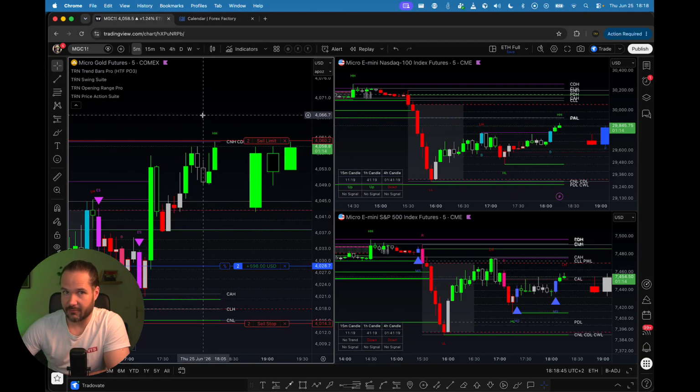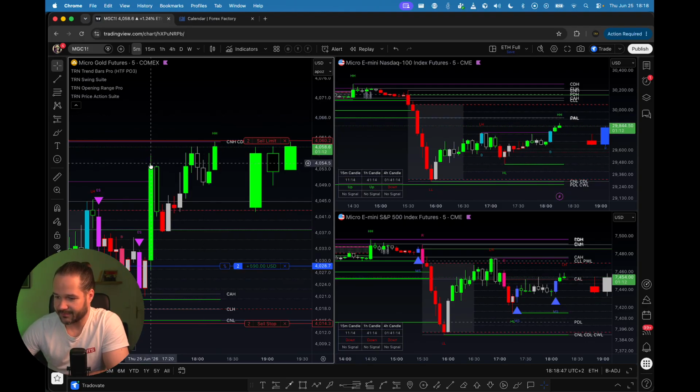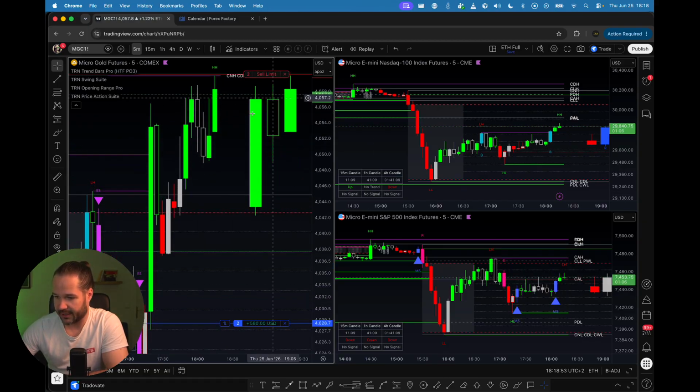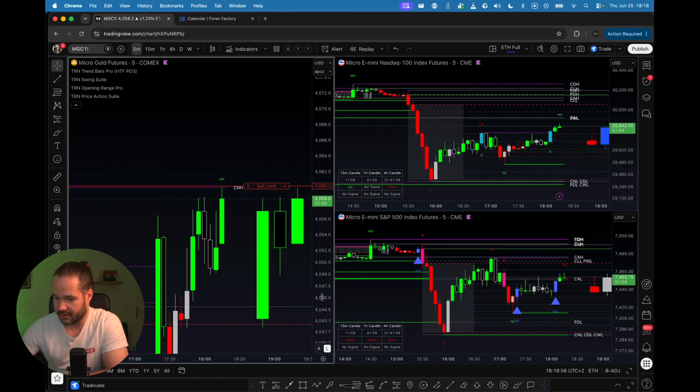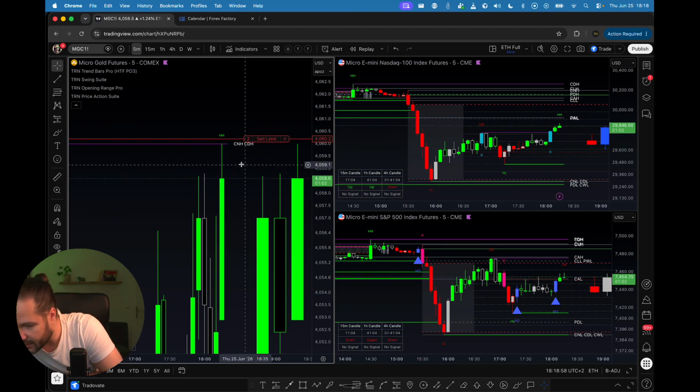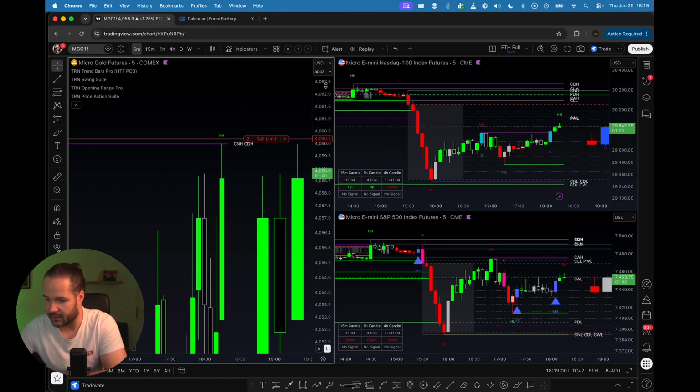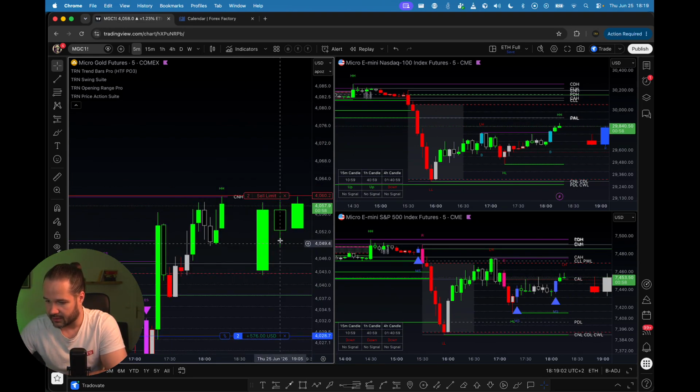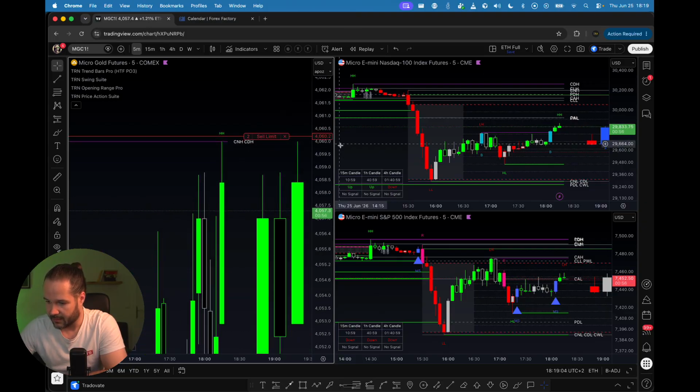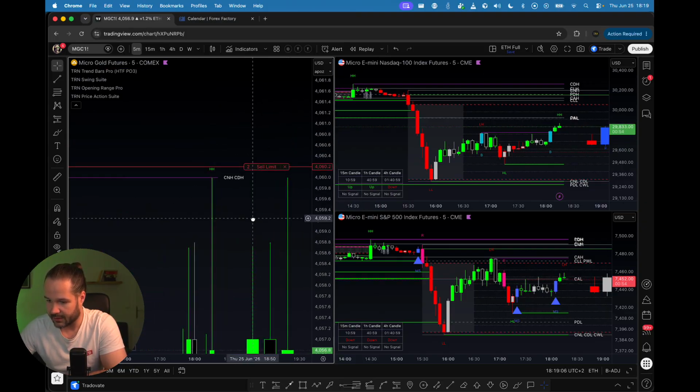This could become a tough one, guys, if we reverse now and then push downwards. So okay, let me check if we took out this level already. No, we're on tick, guys. We're on tick. Crazy. We're on tick.